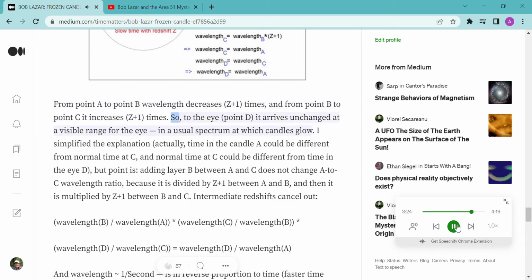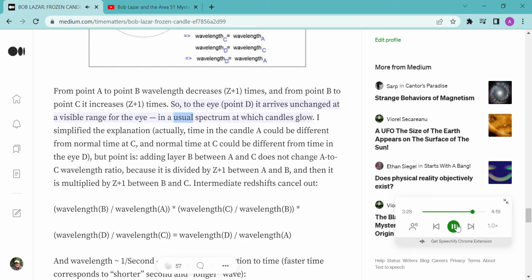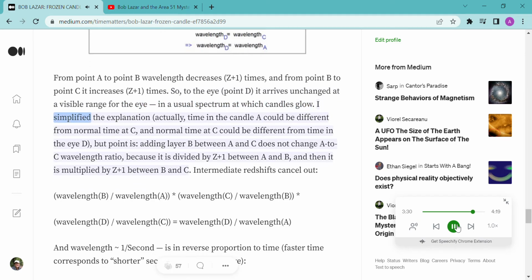So, to the eye, point D, it arrives unchanged, in a visible range for the eye, in the usual spectrum at which candles glow. I simplified the explanation.